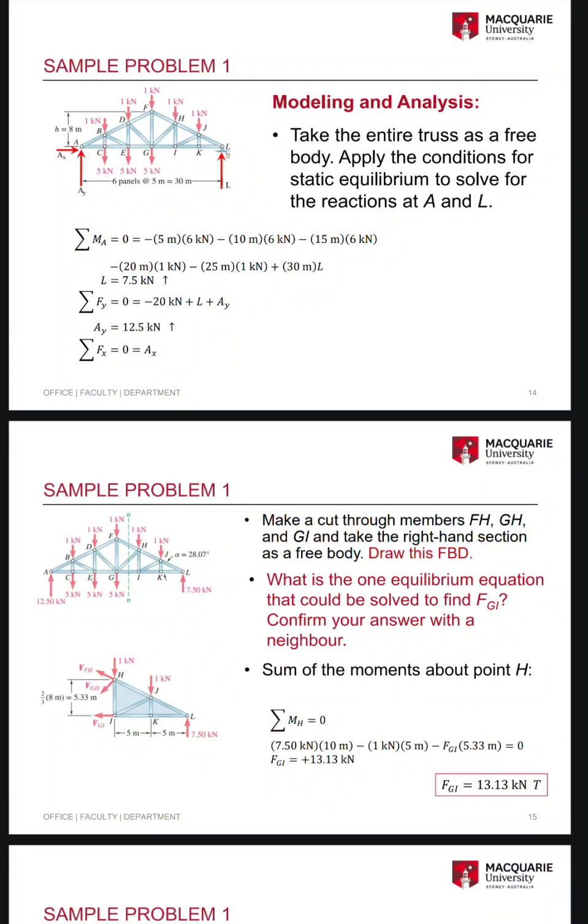Sum of the moments about point H. Sum MH equals 0. 7.5 kilonewton into 10 meters. Okay, line of action 10 meters. Minus, this is going clockwise to the positive, minus 1 into 1 kilonewton into 5 meters.